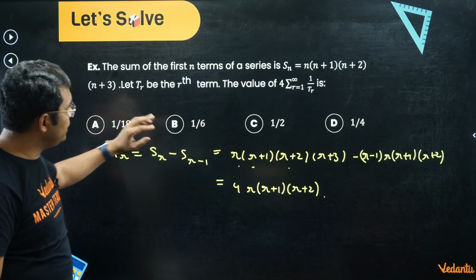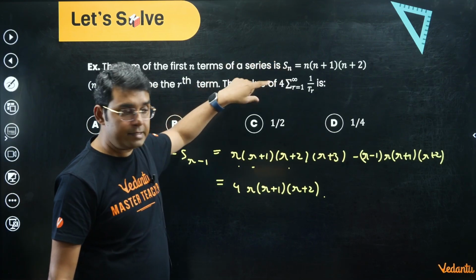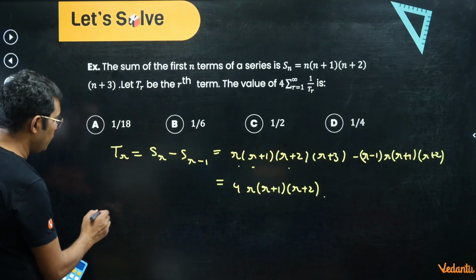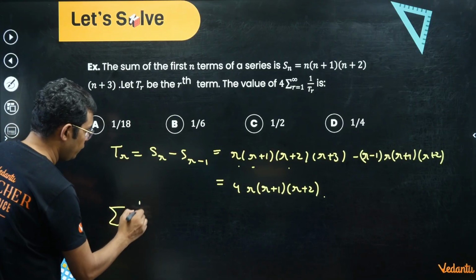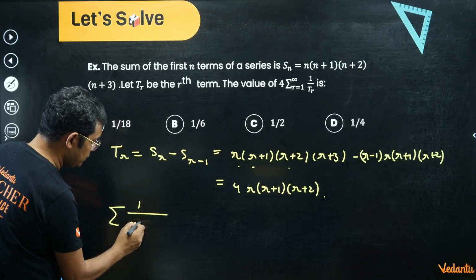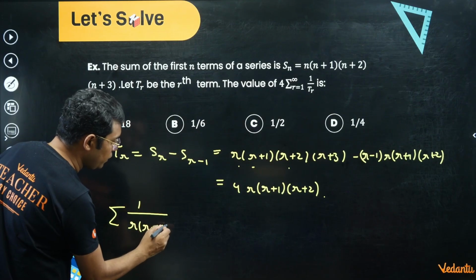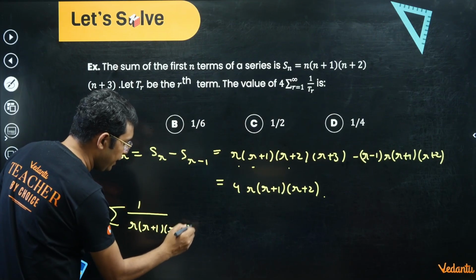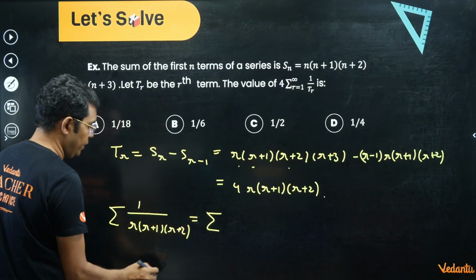And then they are asking the value of sigma 1 upon Tr. So we are looking for summation 1 upon, and this 4 will cancel, it is r into r plus 1 into r plus 2. So you can see it is the same thing which I told you in the beginning.